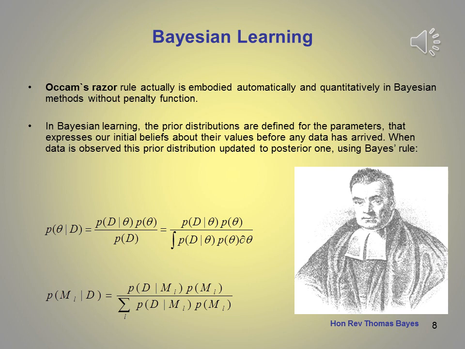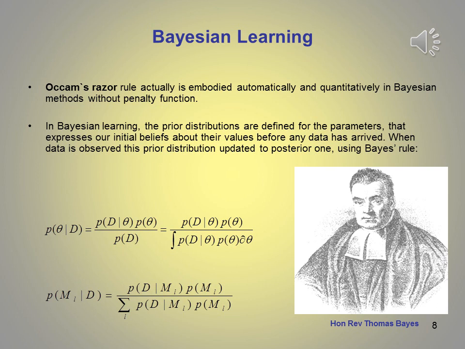As mentioned before, complexity is directly related to estimation and approximation errors. According to Occam's razor rule, analysts prefer simple models over complex ones.